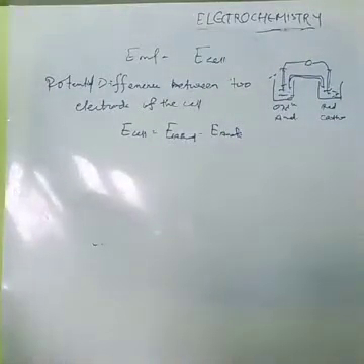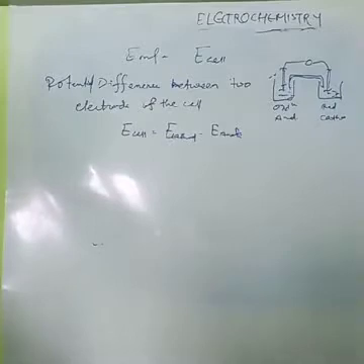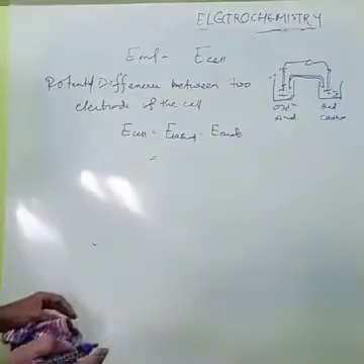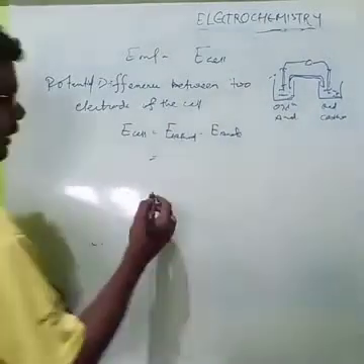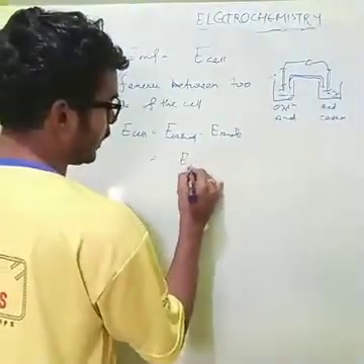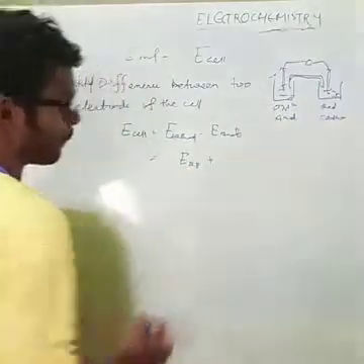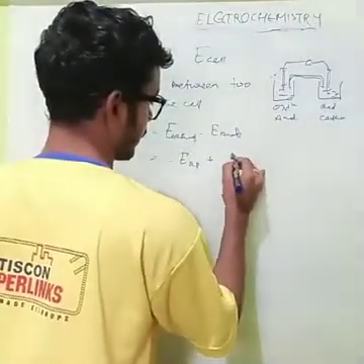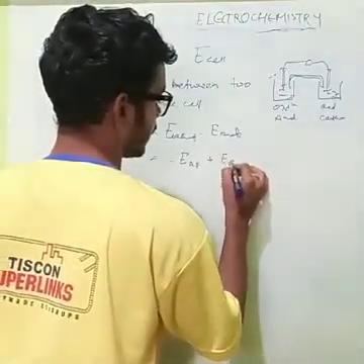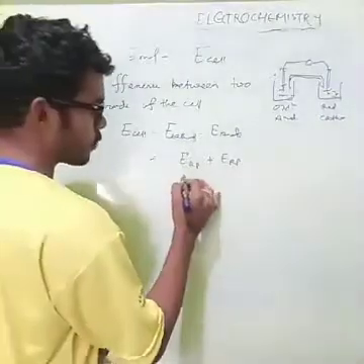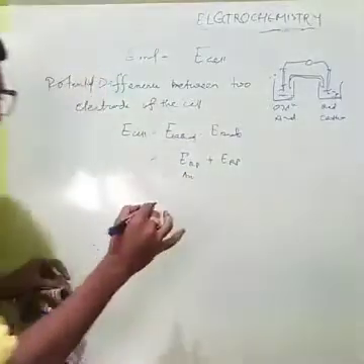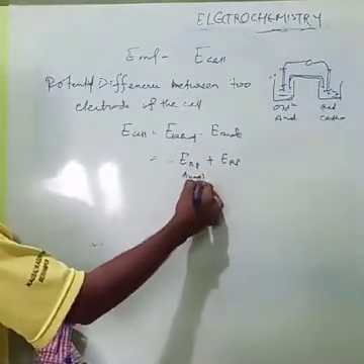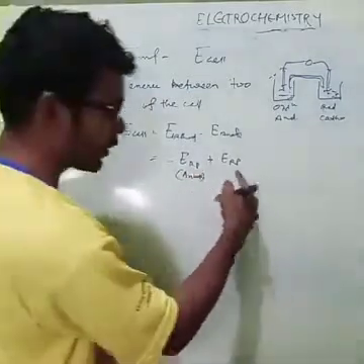Or else you can write minus of E reduction potential for the anode, plus E reduction potential for the cathode.